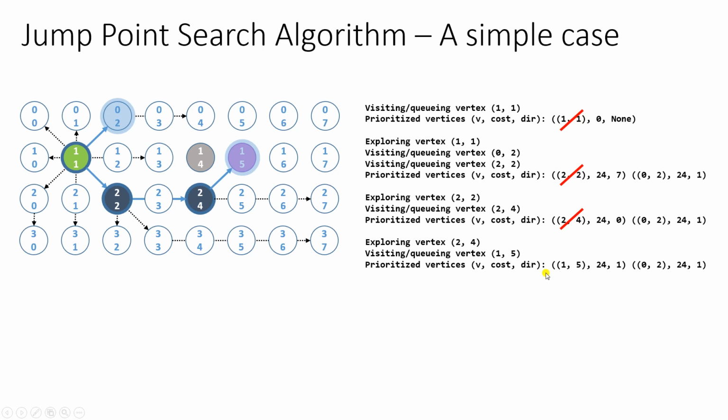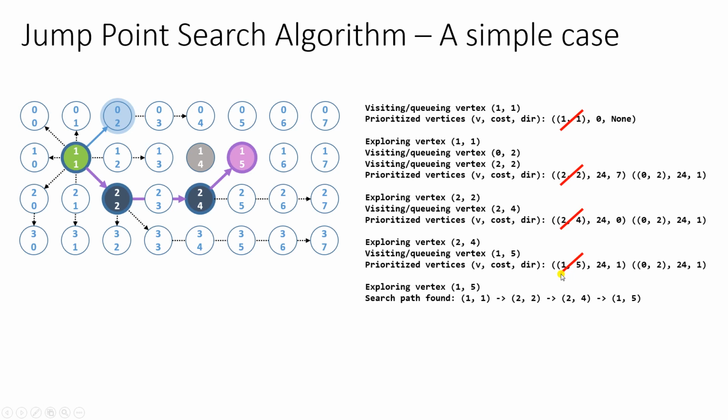This time we'll be looking at vertex 1, 5. When we explore vertex 1, 5, one of the first things to check in the algorithm is whether the vertex we are exploring is a goal vertex. The algorithm found a positive answer to this question.